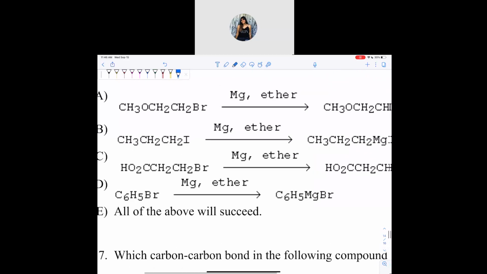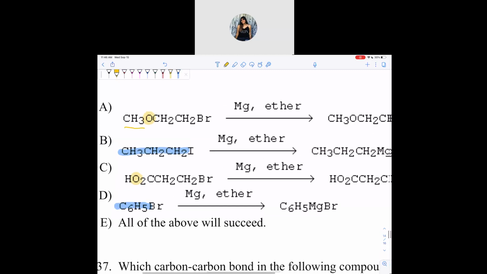The first thing I see, this is just a straight carbon chain. This is just a straight carbon chain. Simple. The next thing I notice is alcohol, or oxygen at least. We have an oxygen, and now we have to figure out what functional group this is. Well, this looks like that.